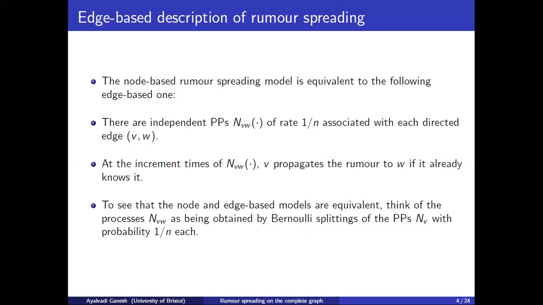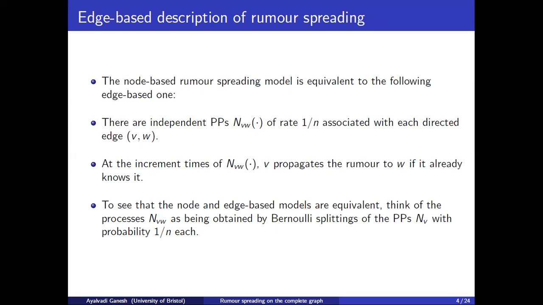So what are the times at which V contacts W? It's obtained by taking the Poisson process of times at which V contacts somebody and splitting them with probability 1 over n to say these are the times at which W is chosen. So this is a Bernoulli splitting of the Poisson process N sub V sitting at vertex V, right?